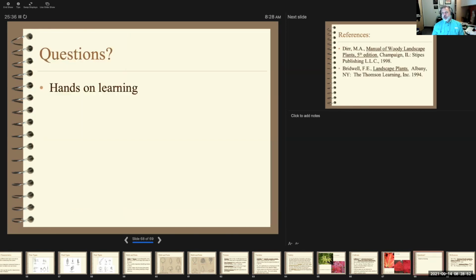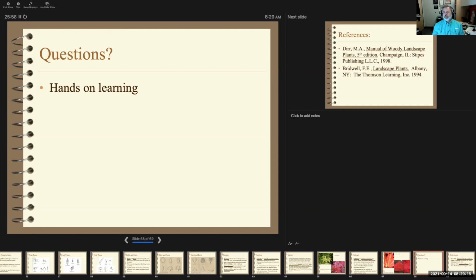Of course, if you've got questions about this lecture, you can feel free to reach out to me. But I've written down here hands-on learning. The best way for you to go out and learn these things is to take your notes that you've gained from this class and go out and learn all of these pieces of terminology by looking at actual plants.